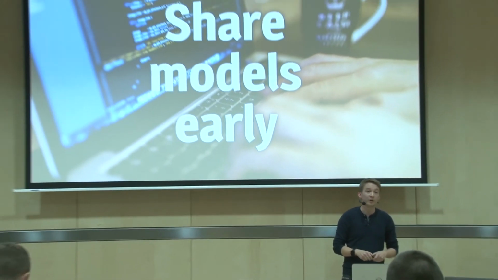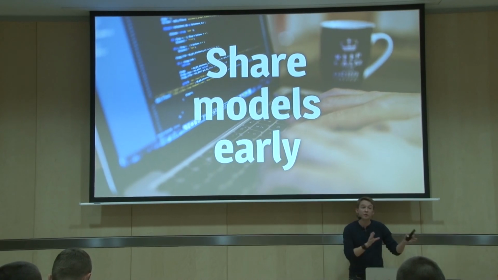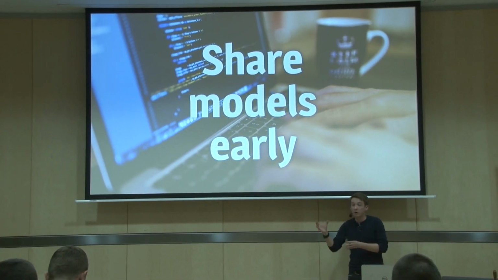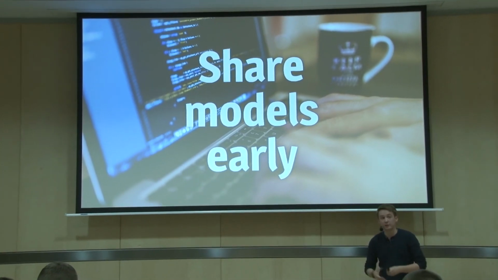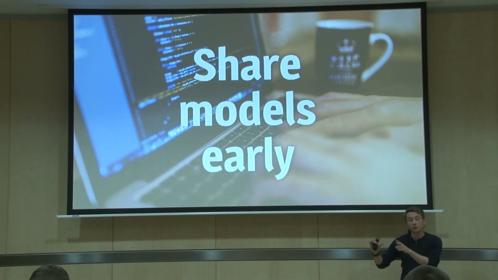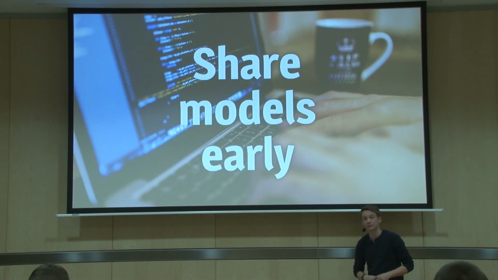If you add a new field to a model, most of the time that's not going to break anything. You can immediately share it with the rest of the team without causing any problems. Even if you start adding new methods to models, to components within your system, these methods typically don't break anything for anybody. You can add these individual working chunks of functionality as you develop, and you can immediately share those.